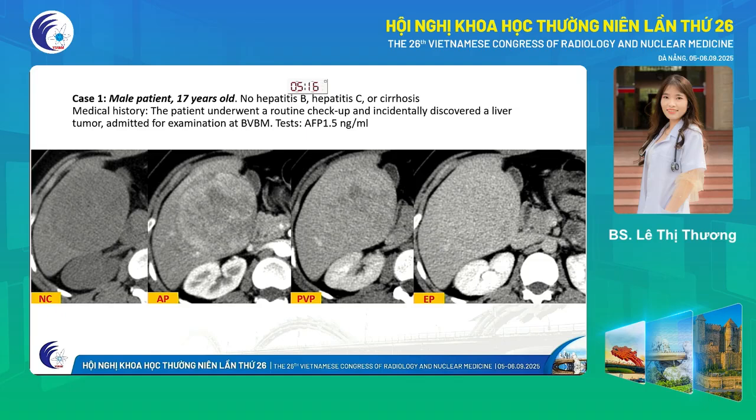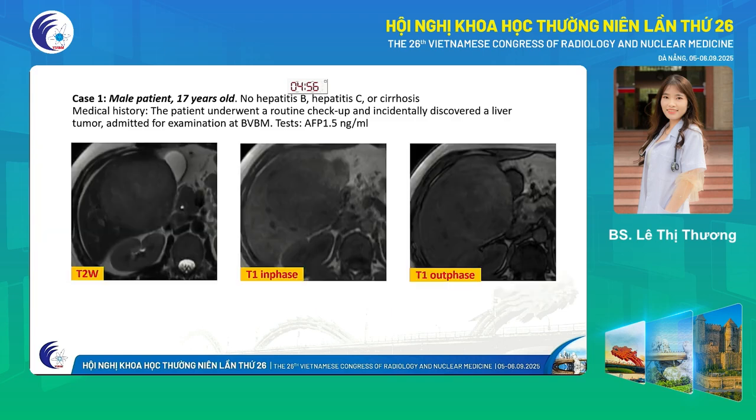Beyond these characteristics, we can think of an adenoma lesion rather than FNH, but no washout on portal venous and equilibrium phase. In addition, it should be noted that the patient is a young male patient.